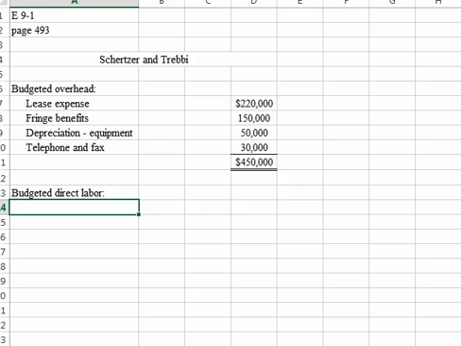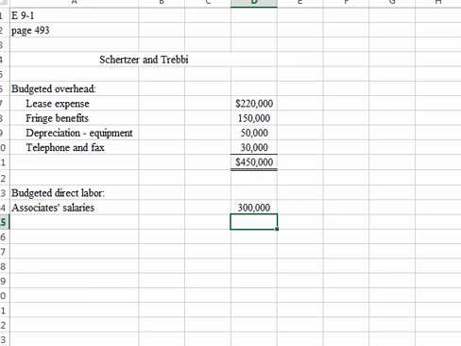Our budgeted direct labor, well, we have associate salaries and partner salaries. The associate salaries were $300,000.